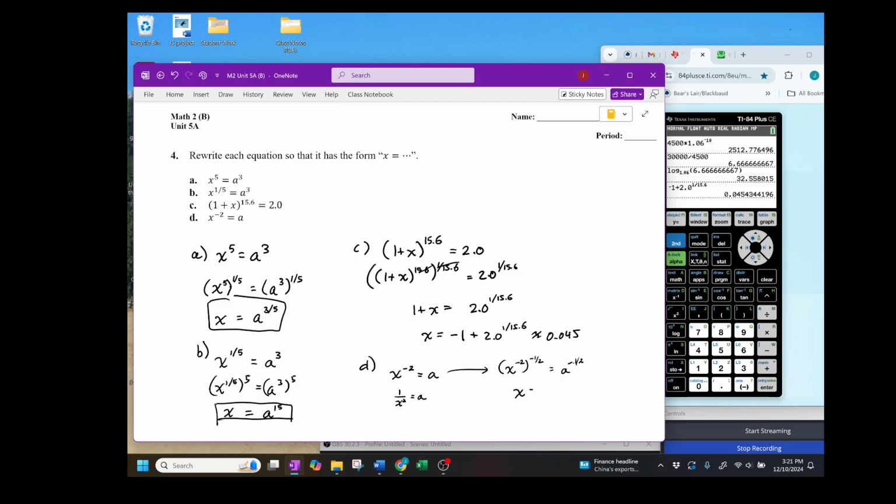So then x equals a to the negative 1/2, which is really 1 over a to the half, which is really 1 over root a. Any of those ways are fine. The other method would be to multiply the x squared over, so you get 1 equals ax squared, and then you divide by a, so you get 1 over a equals x squared, and then you take your square root.